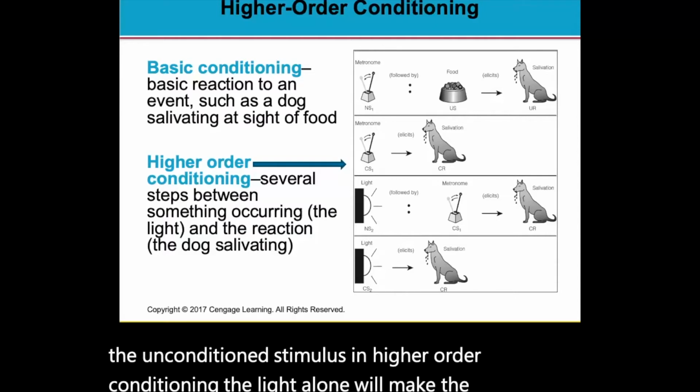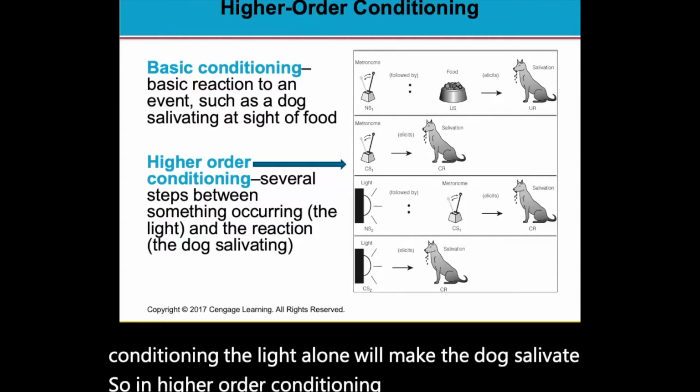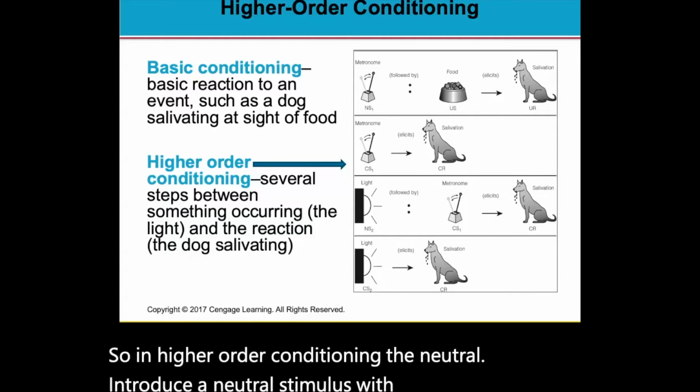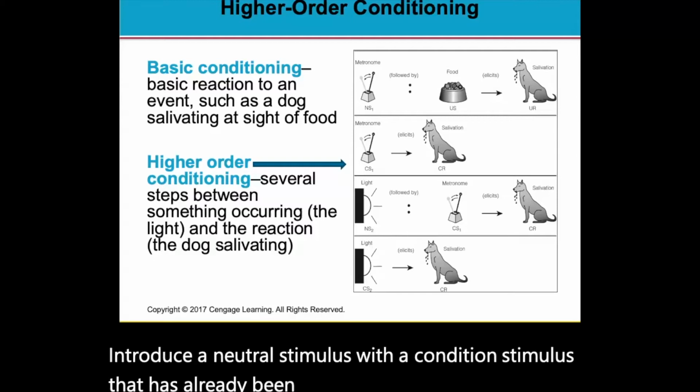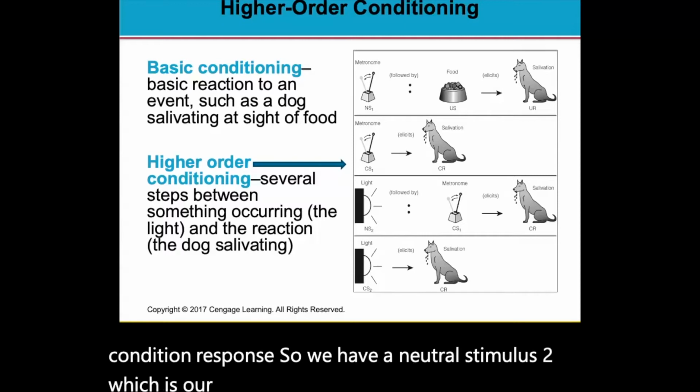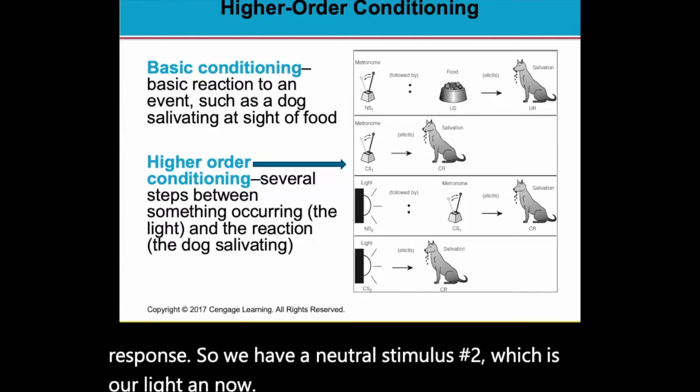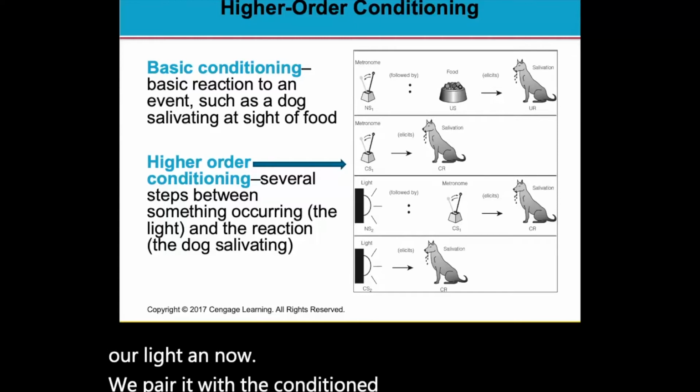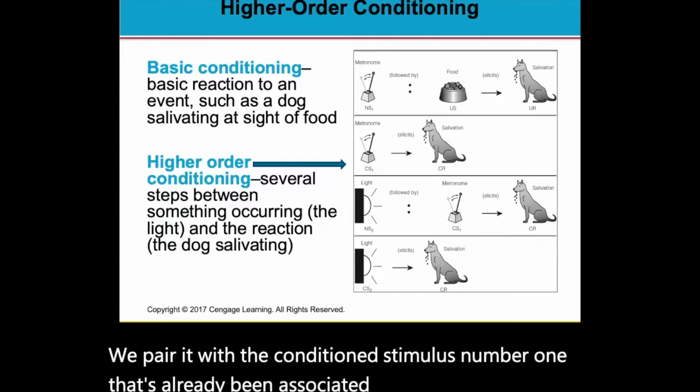So in higher order conditioning, you introduce a neutral stimulus with a conditioned stimulus that has already been conditioned to cause a conditioned response. So we have neutral stimulus number 2, which is our light, and now we pair it with conditioned stimulus number 1 that's already been associated with the food that causes salivation.